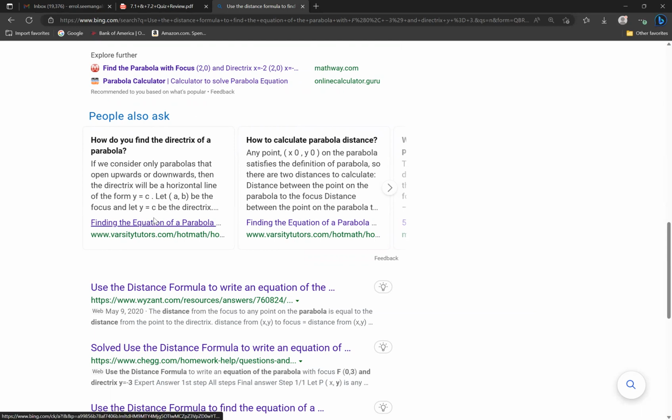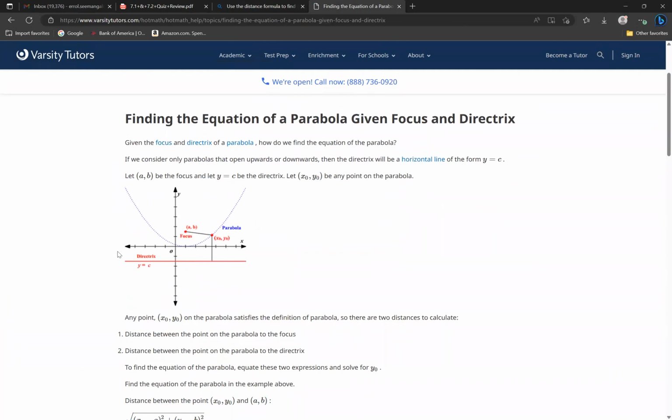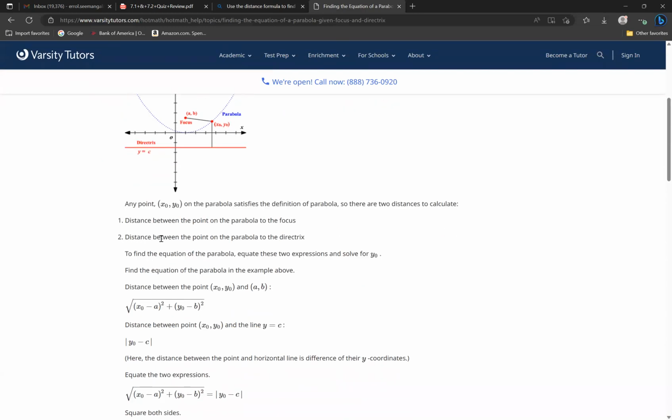Let's try this one. Okay, so it's kind of like this. Our directrix is y equals 3, which is up here. Okay, here we go. This is the distance between the point on the parabola and the directrix. To find the equation of the parabola, equate these two expressions and solve for y0.